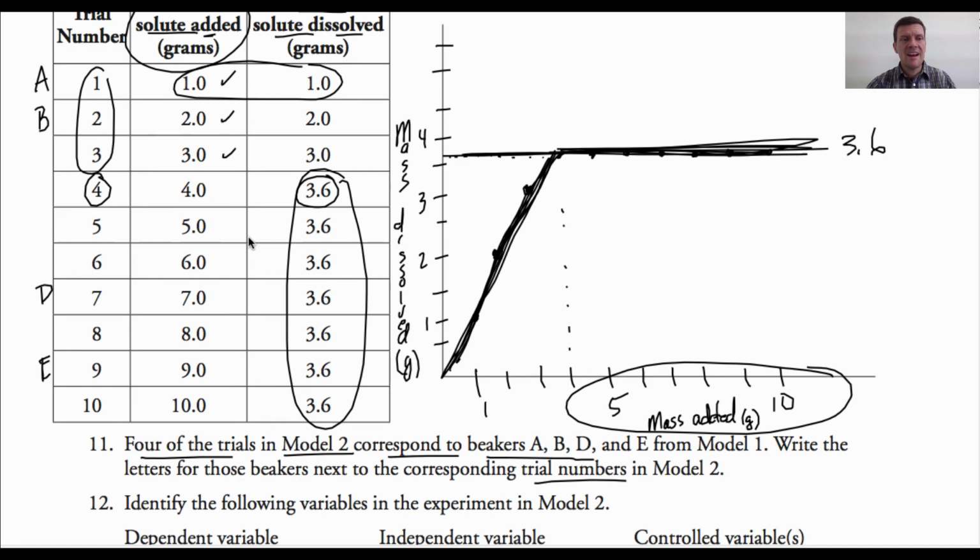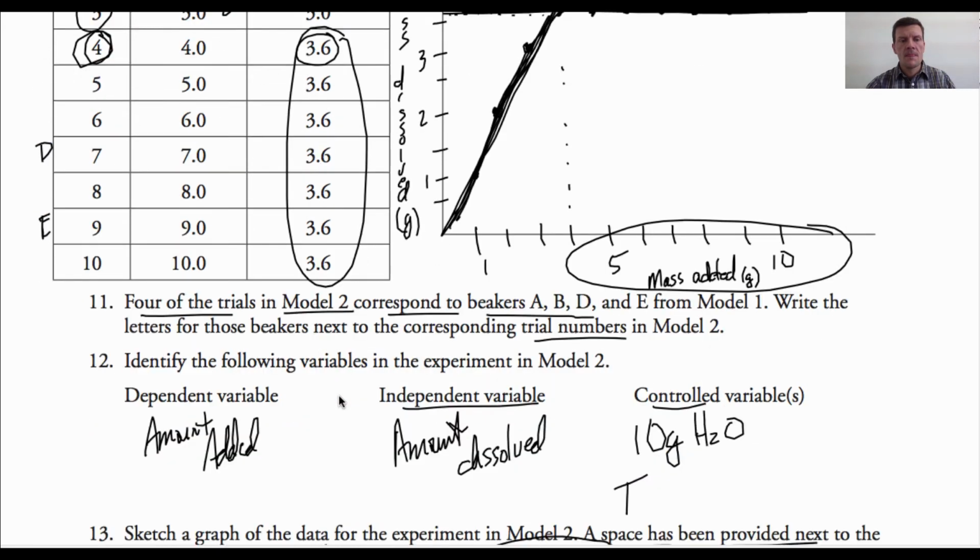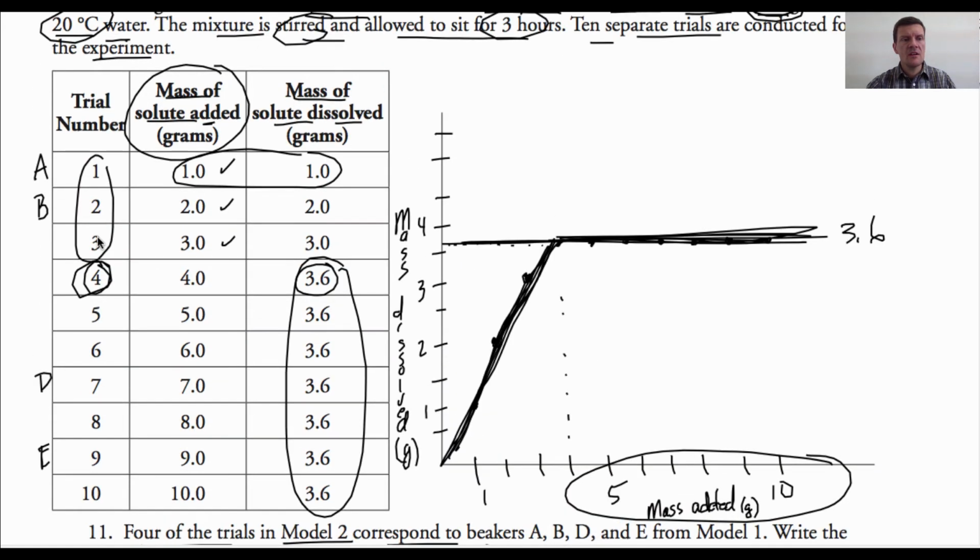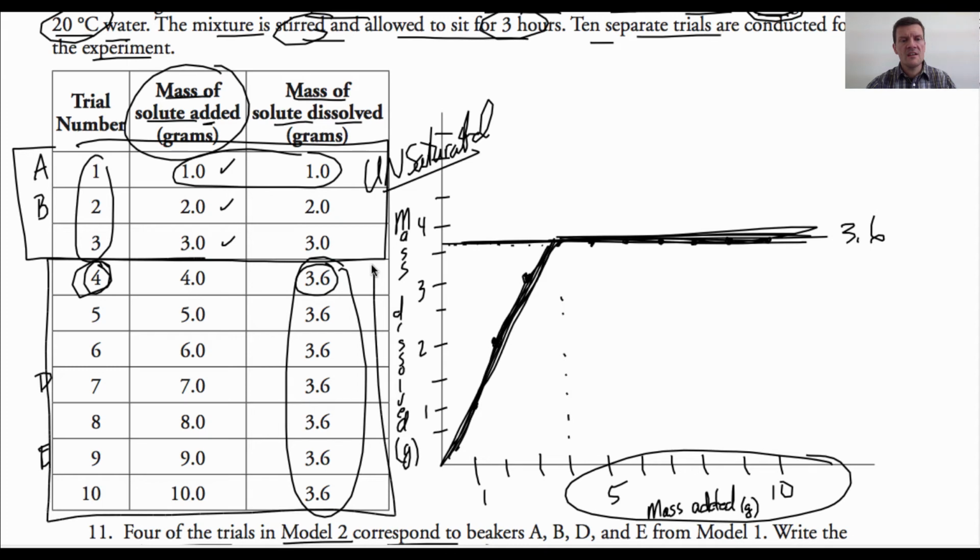In our experiment, we didn't add exactly 3.6. We added 3, and then we added 4. Okay? So 1, 2, and 3, unsaturated. All of these would be unsaturated. And then as soon as you get past that, all of these down here, 4 to 10, saturated.